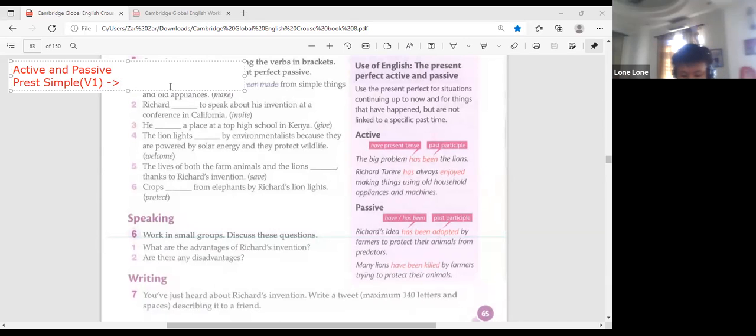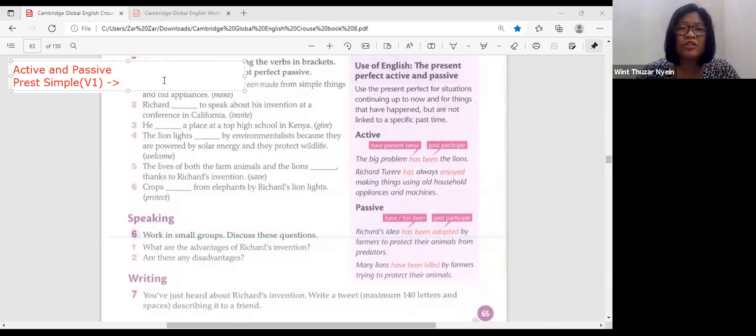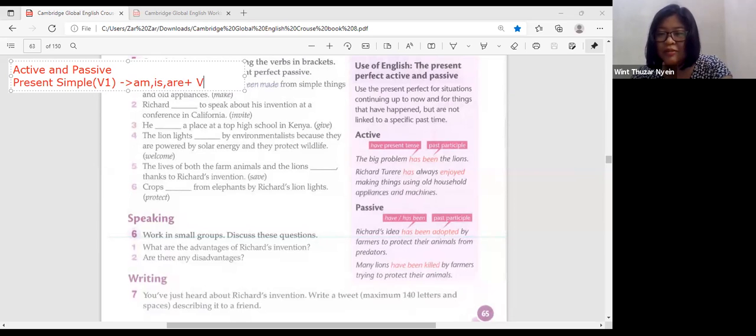When we see present simple, we have to change the verb form into am, is, are plus verb 3.